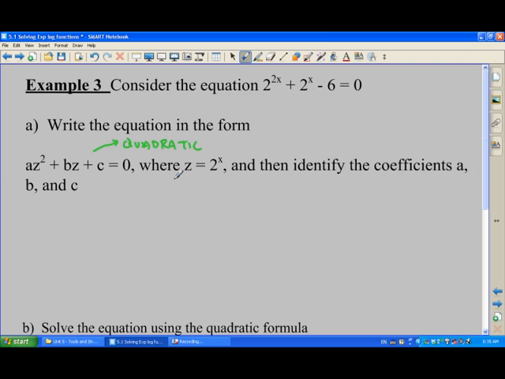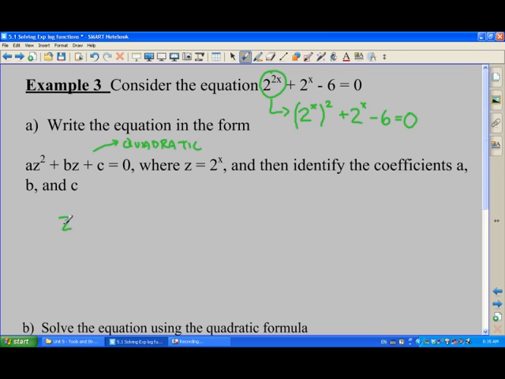And my substitution that I'm going to make is z equals 2 to the power of x. This first term, 2 to the power of 2x, I can consider this as 2 to the power of x squared. So I'm going to make this substitution.